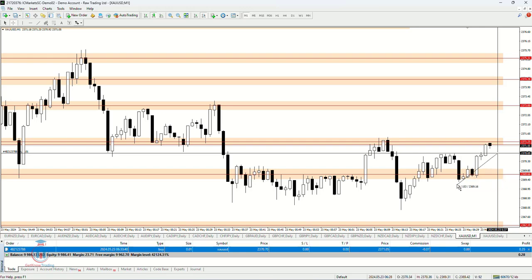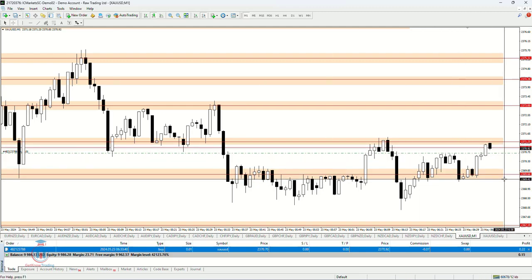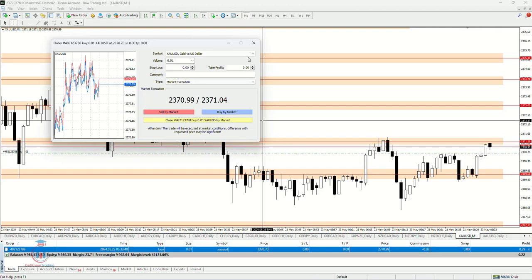So at one price, you would like to get out and reduce the cost, because if the price goes against you more and more, you will lose even more money. To stop losing, you can close this order when the market reaches this price level here. So when the price comes to this one here, you can also go here and close the order.